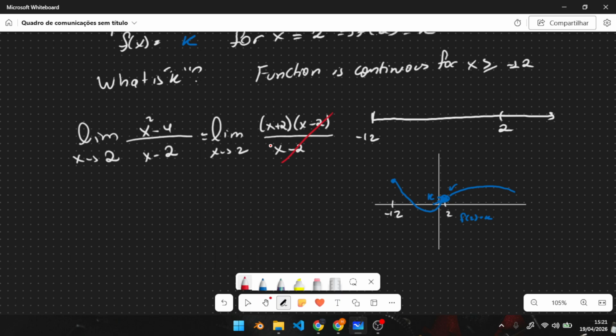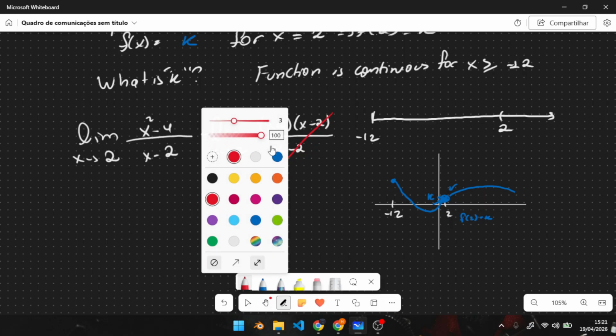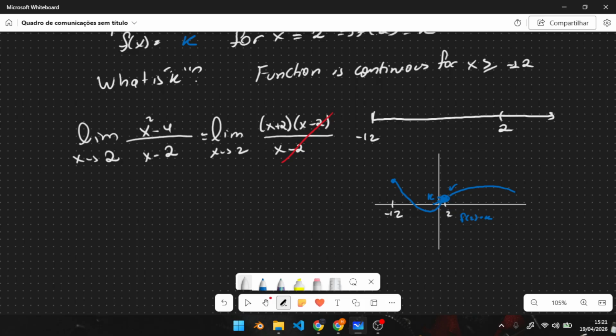They're going to cancel out. I'm going to have the limit of x tending to 2 of x plus 2, that's going to be 4. So that leads to k being 4. Okay. Yeah, in calculus and linear algebra, that was about it.